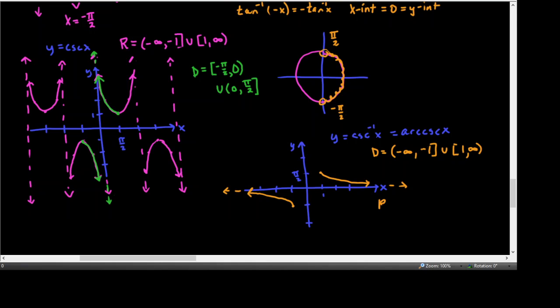The range of this function is from -pi/2 on the low end up to 0 but never getting there, union starting after 0 and going to pi over 2, which of course is our restricted domain from earlier.